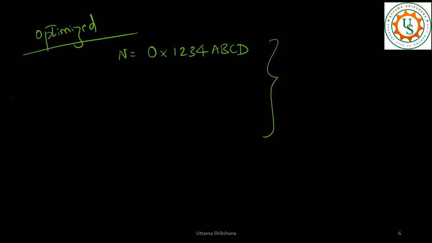So the first thing in the optimized solution, if you observe clearly, is that we can try to swap the entire halves. ABCD should come over here, 1234 should go over here. Next, within each half, these two parts should get swapped.